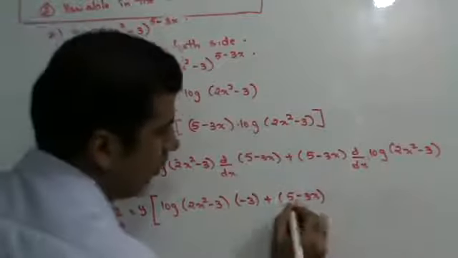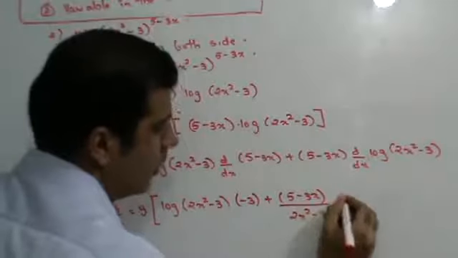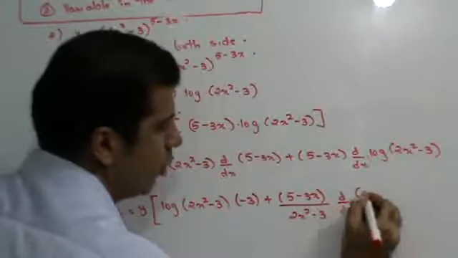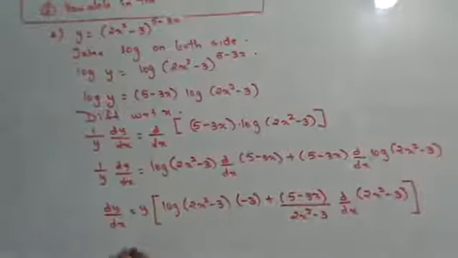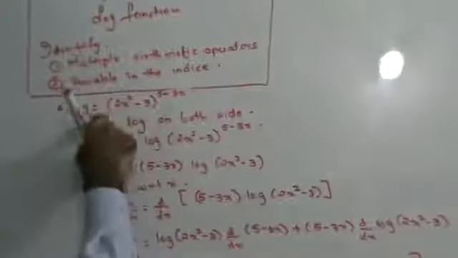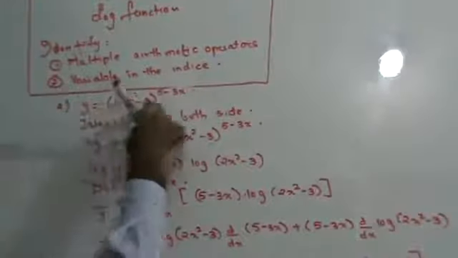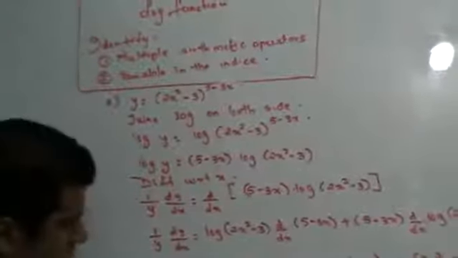d/dx of log u is 1 upon u, d/dx of u, (2x² − 3). Fine. Resubstitute the value of y. You had taken this to be the value of y. Your original question was the value of y. So resubstitute the value of y.